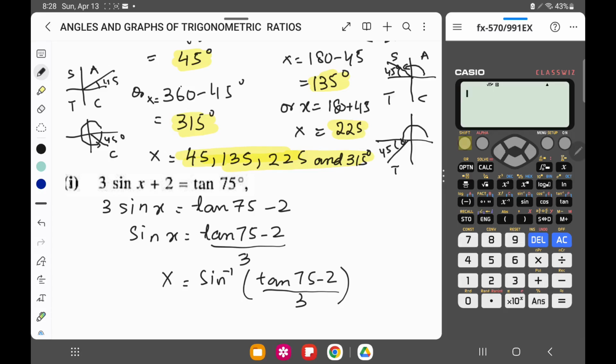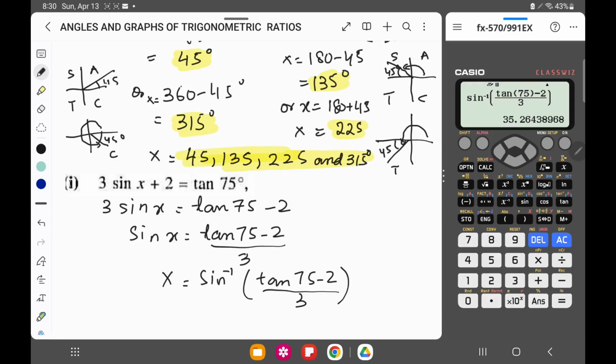So you have sine inverse and then tan 75 minus 2, and then come down, you have 3 here, go up, bracket close, equals. If you are just writing down tan 75, try to get the answer as accurately as you can.